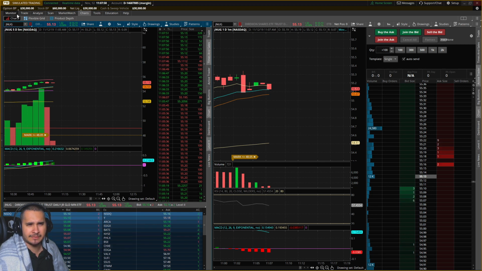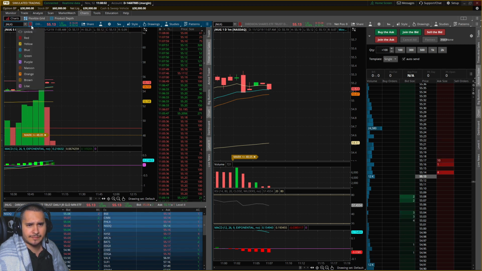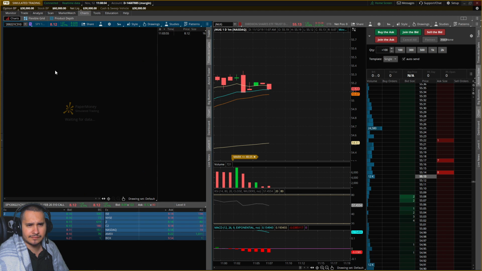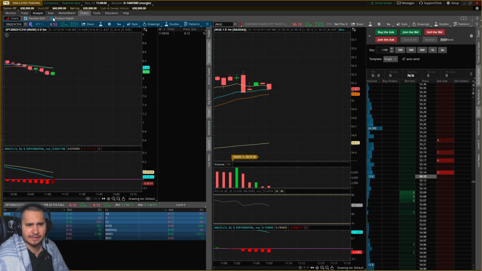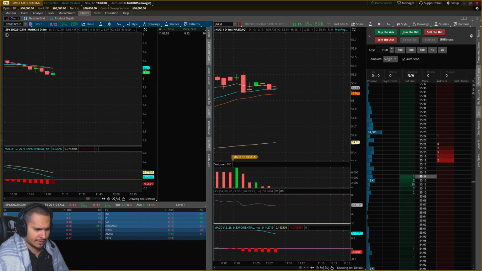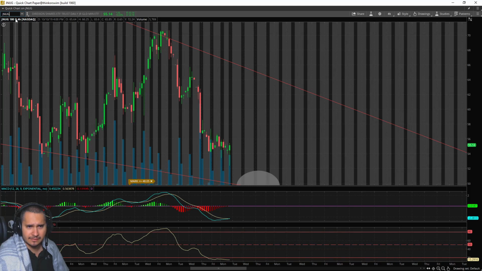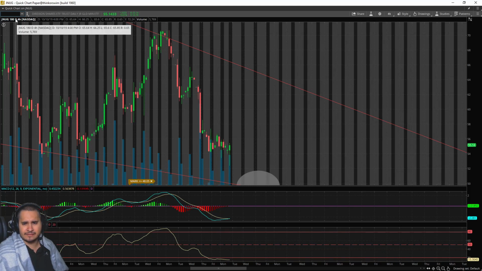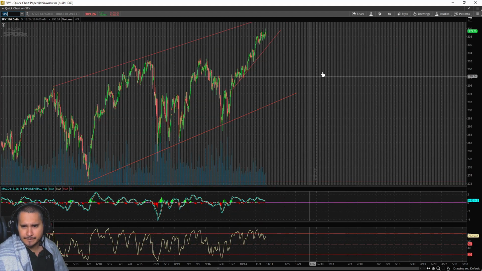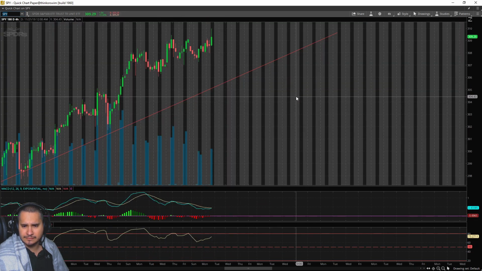AMD, but AMD I wasn't sure yet. So right now let's go back to SPY, which was purple, because we're looking at buying SPY, right? We're looking at buying the calls, I think is what we had said. Why does it keep zooming out like that?